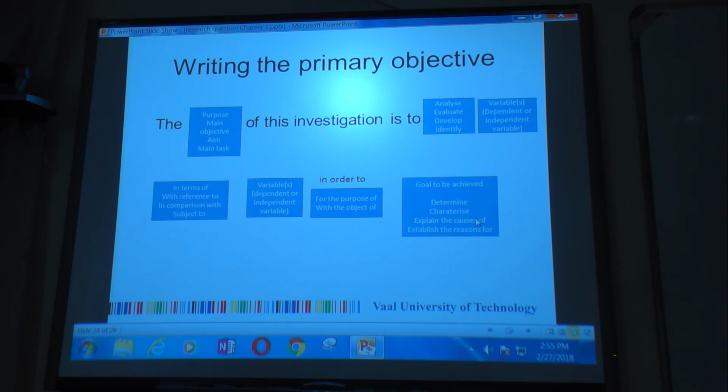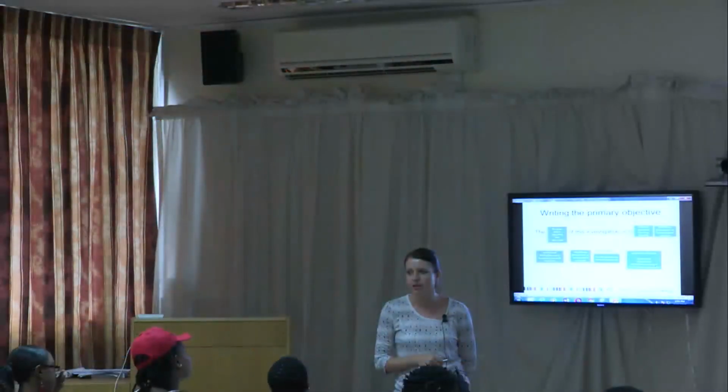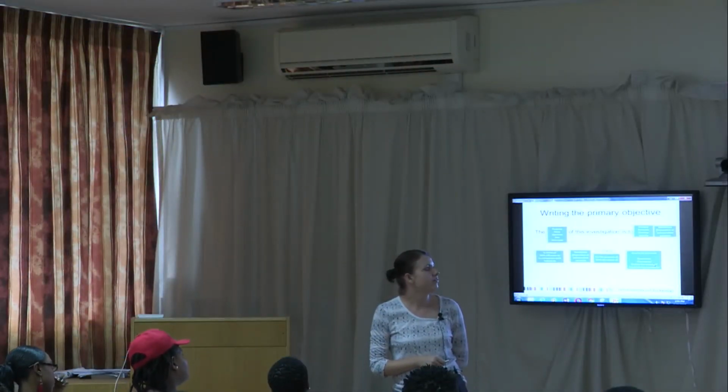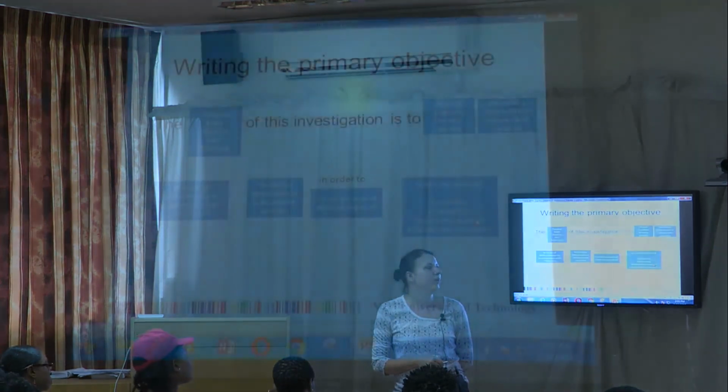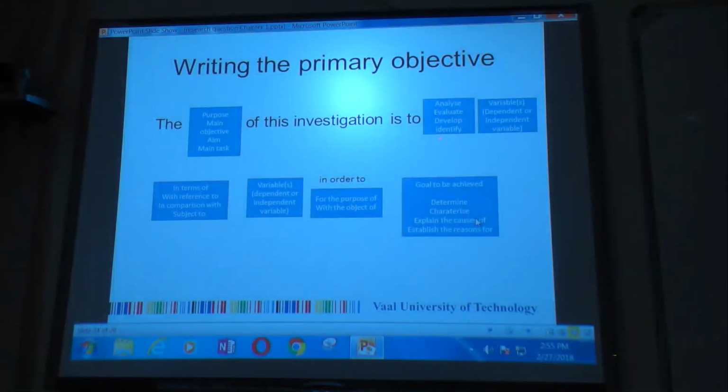Of this investigation. What is research? It is an investigation. Your study is an investigation into something. So the purpose of this investigation is to do what? Are you going to evaluate? Are you going to analyze, develop, identify? Our example said she was going to identify, so we used that one. You can decide which one of those words you use. Those are examples of words to use.